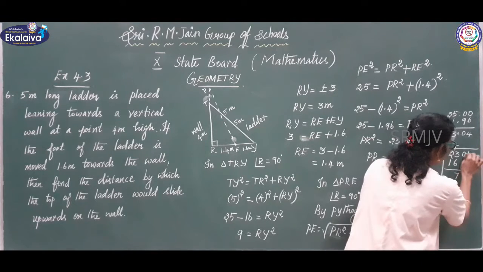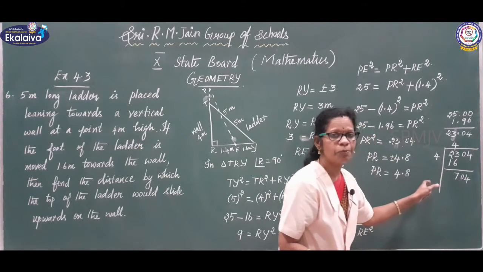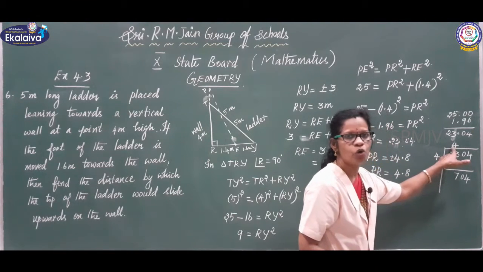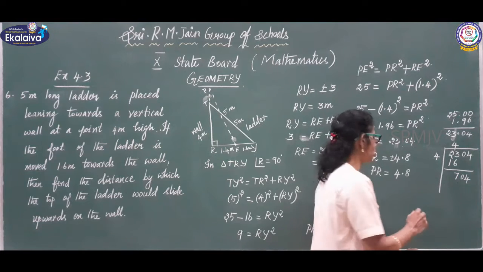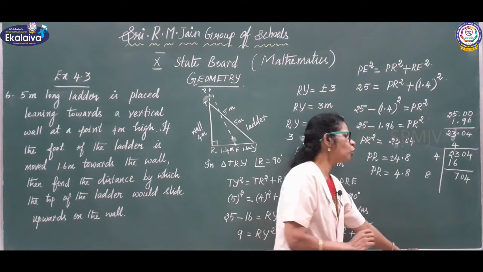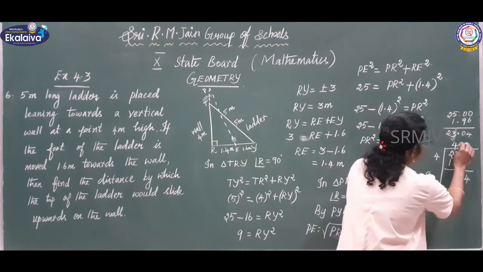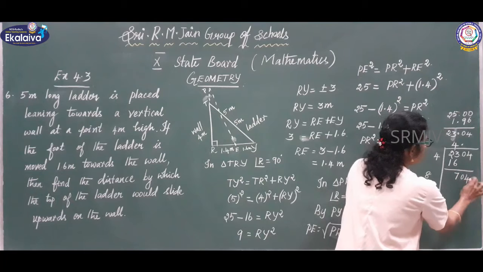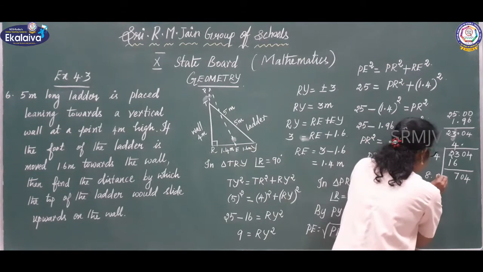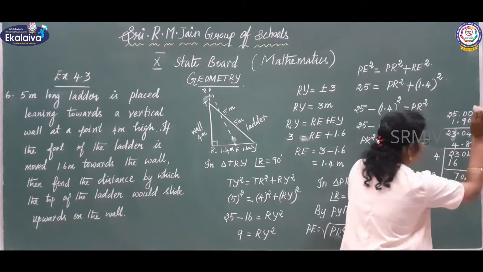Then you should bring 2 digits down, 704. It is a square root, so you have to multiply the quotient by 2. 4 2s are 8. Right? Which number will it go? You have to check. Here 8 is there, then 3 digits. You should put 8 here also.